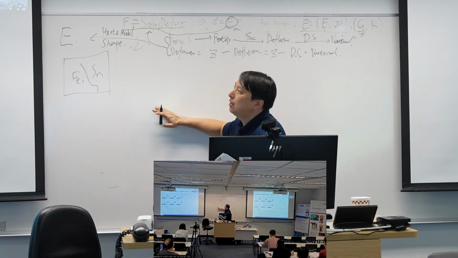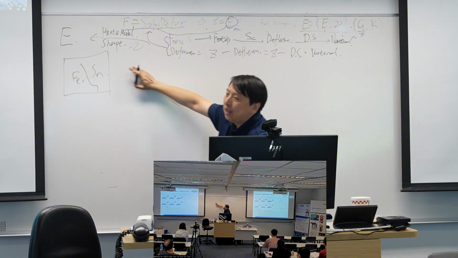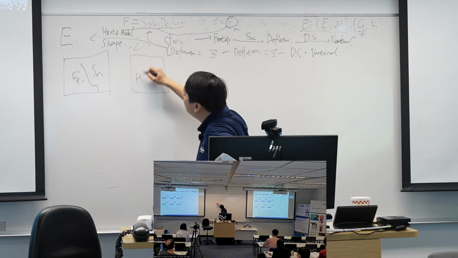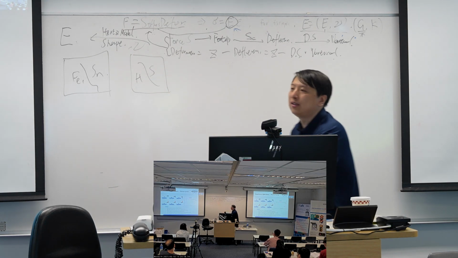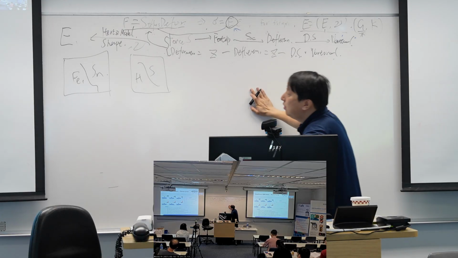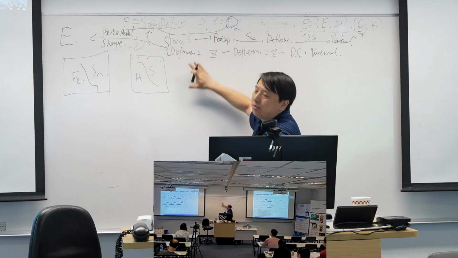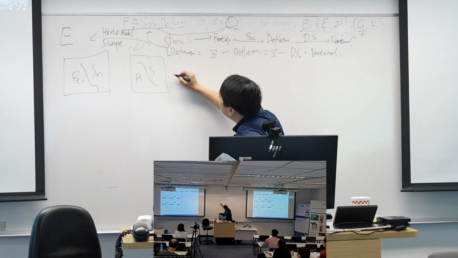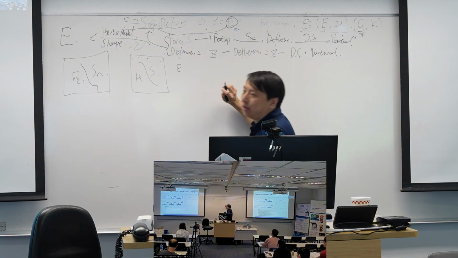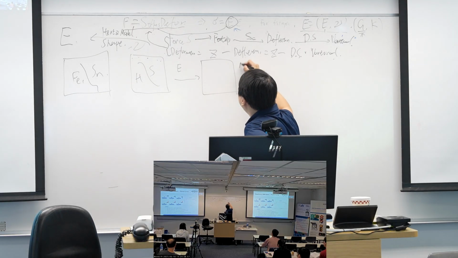So I can do force curve mapping on my sample to find out which part is hard, which part is soft. If I can do a force curve on each point of my sample, then on each point I can get a modulus, and then I can get a modulus mapping.